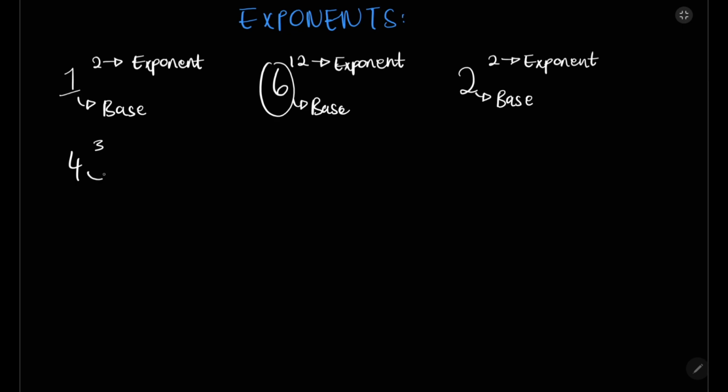You should know that that 4 is your base and the 3 is your exponent. Okay, but what if we had 5 to the power 5? Which one's your base? This 5 is your base and that 5 is your exponent.